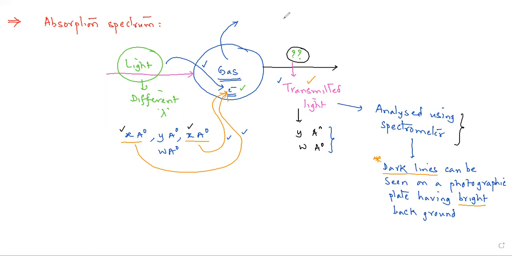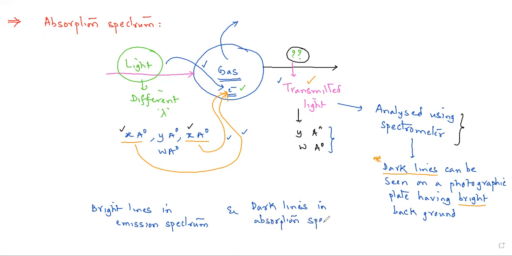And remember, one very interesting thing is that bright lines in emission spectrum and dark lines in absorption spectrum are both formed at the same position or same place, because these two have the same wavelength.